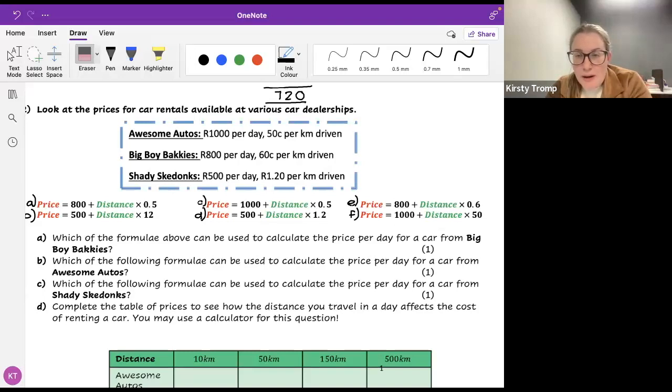Mulalo, you have had your hand up the whole time. Can you tell me which of the formulae is used to calculate the price per day for Big Boy Bucky's?